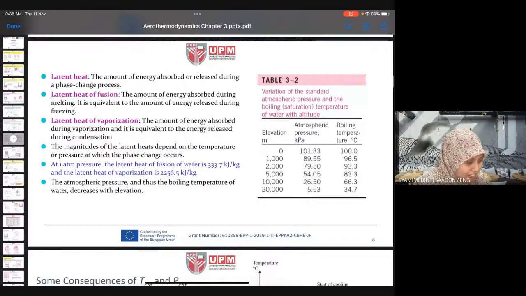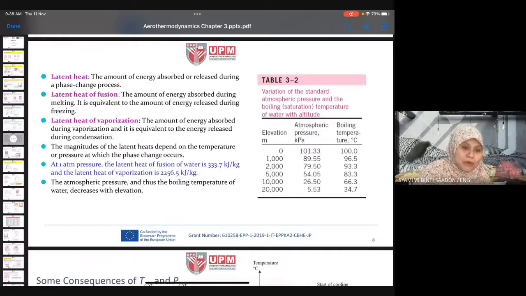Latent heat of fusion, latent heat of vaporization: the amount of energy absorbed or released during a phase change process. So during the vaporization or condensation just now, there must be an amount of energy absorbed or released, because, for example, for vaporization, we need to heat up the water or the fluid, air or oil. When we heat the fluid, it means that we give energy.